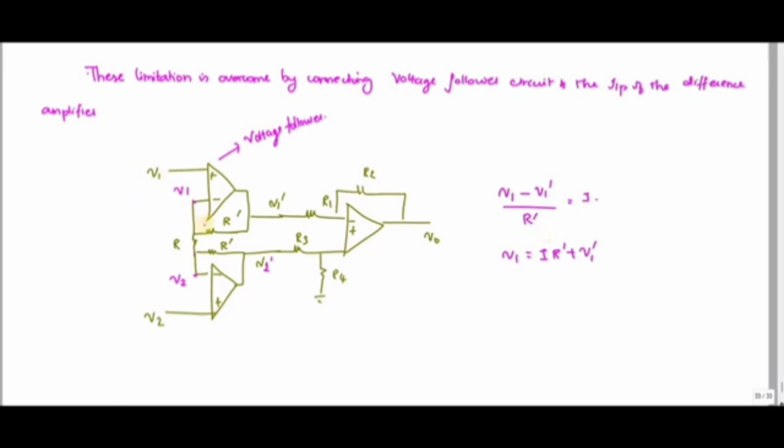So if I consider the current is flowing in this direction, okay. Then I can write this is minus I1 R1, okay. So I can write V1 bar is equal to V1 plus I R dash. Okay.